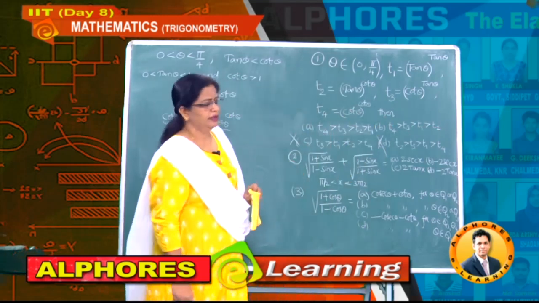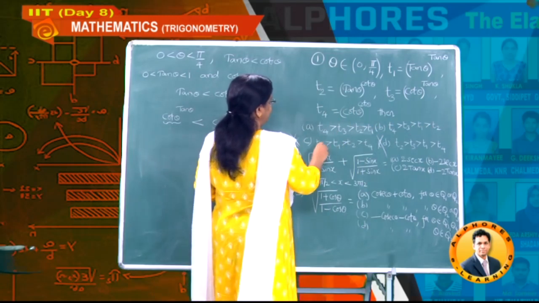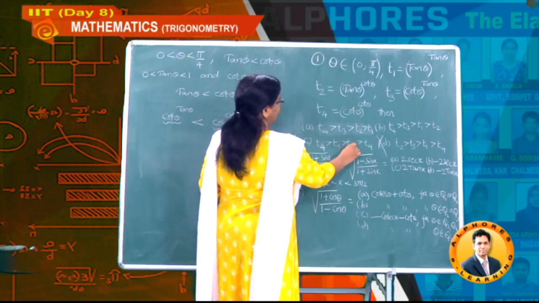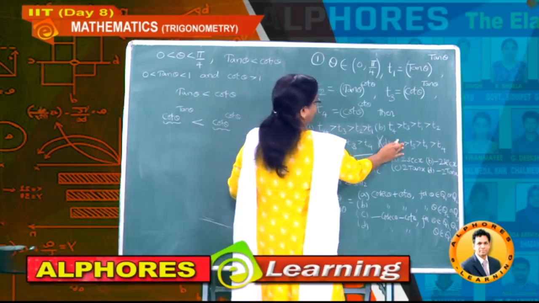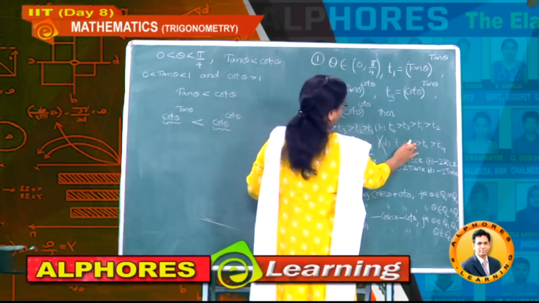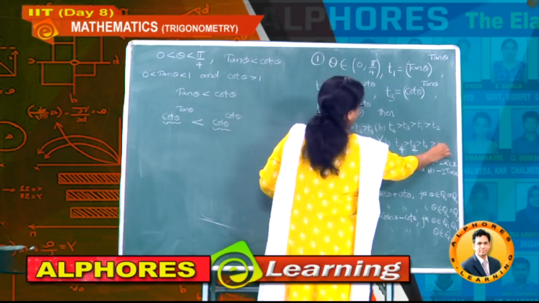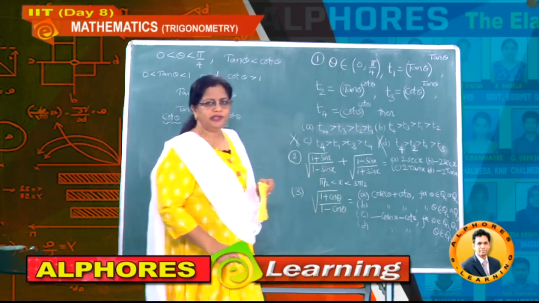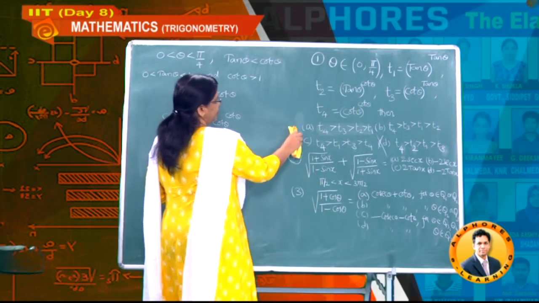Understand students? And next one, here I start with T4 and next somewhere here I will write T3. And here also I will take T4 and here I will write this one as T2 and this one as T3. Got it students? So how you got now all these four options?